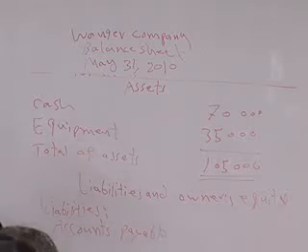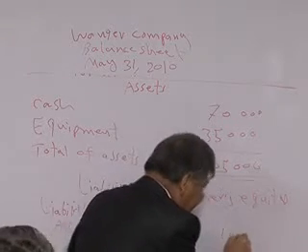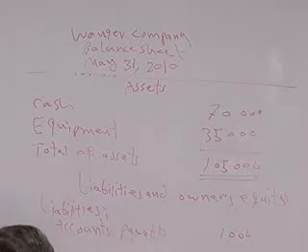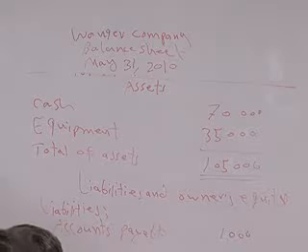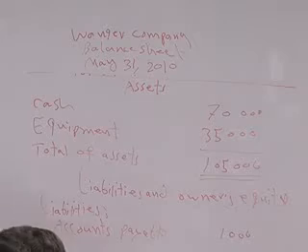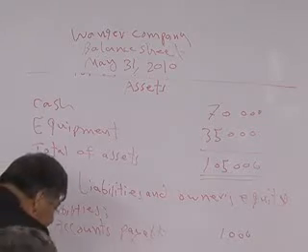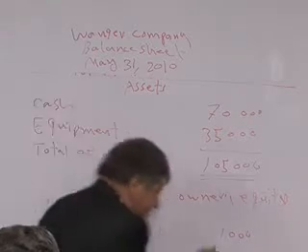How much, please? 1,000. Now, instead of capital in a service organization, we put common stock because the company is a corporation. Common stock. How much? 100.